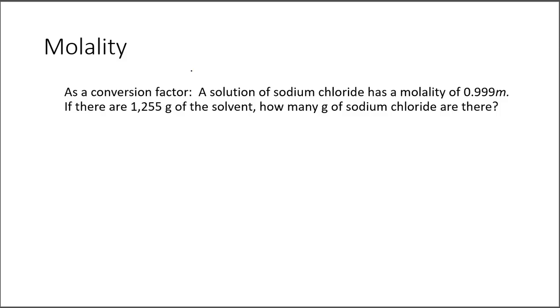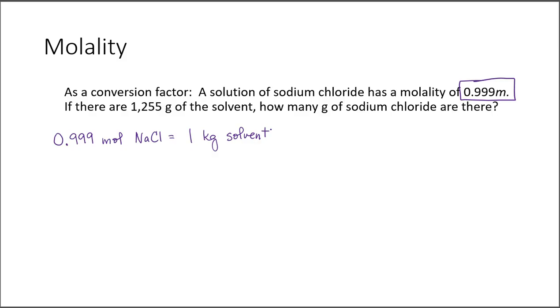As a conversion factor, we're going to use it as a conversion factor because the question is giving you the concentration. 0.999 molal means 0.999 moles of sodium chloride in every 1 kilogram of the solvent. It's a conversion factor, my friends.